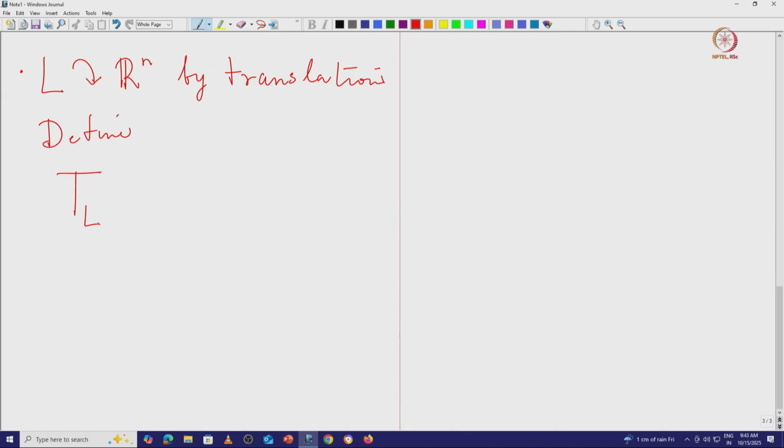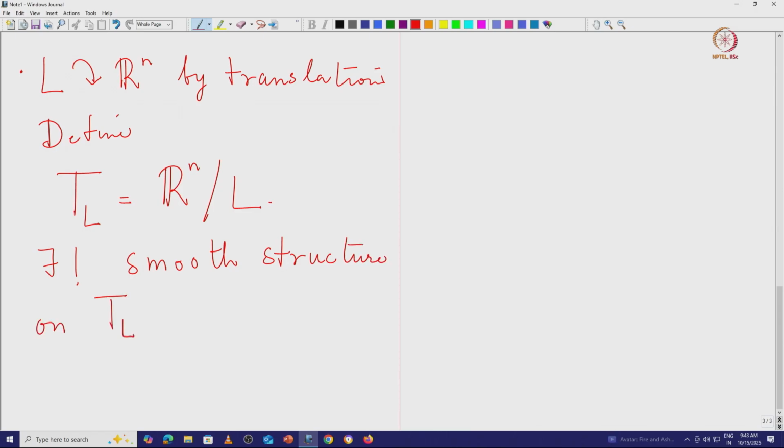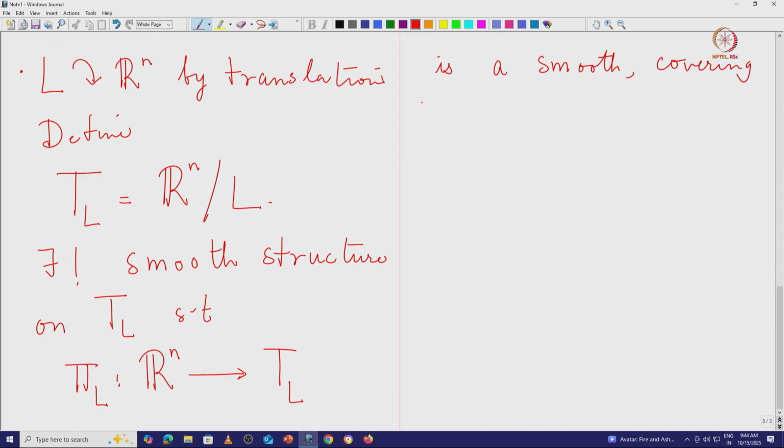We define this object TL to simply be the quotient of Rn by L. Because L is a discrete group and the action is fixed point free, there exists a unique smooth structure on TL such that the natural projection map pi L from Rn to TL is a smooth covering map.